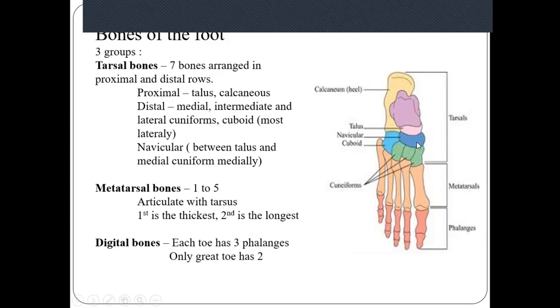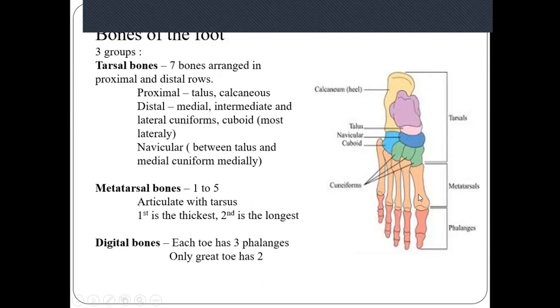And there is another bone which is called navicular, and it lies in between these proximal and distal rows. It is the bone between the talus and the medial cuneiform. The second group of the bones is called the metatarsal bones.